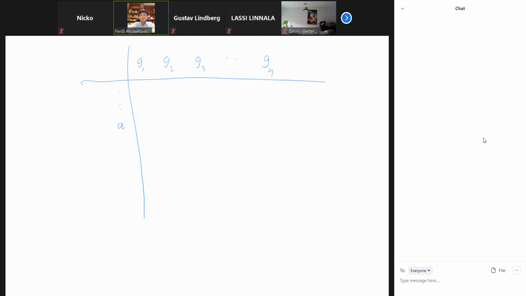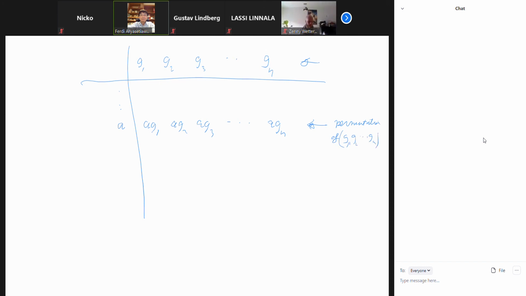Then this becomes AG1, AG2, AG3, and AGn. I just multiply. But we know from the rearrangement theorem that these are just a permutation of G1, G2, and so on, Gn.